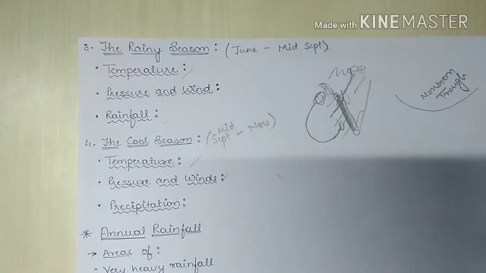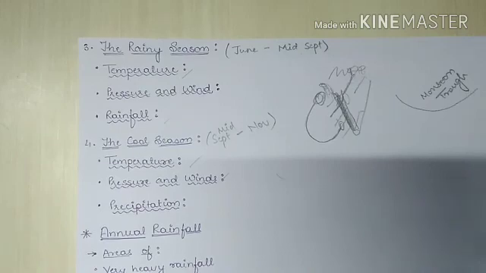Kerala has a bimodal pattern of rainfall, with the main rain in the southwest monsoon season and the subsidiary rain in this northeast monsoon season.